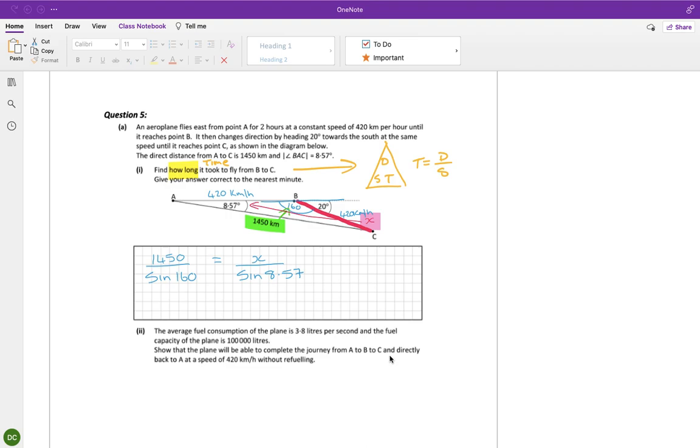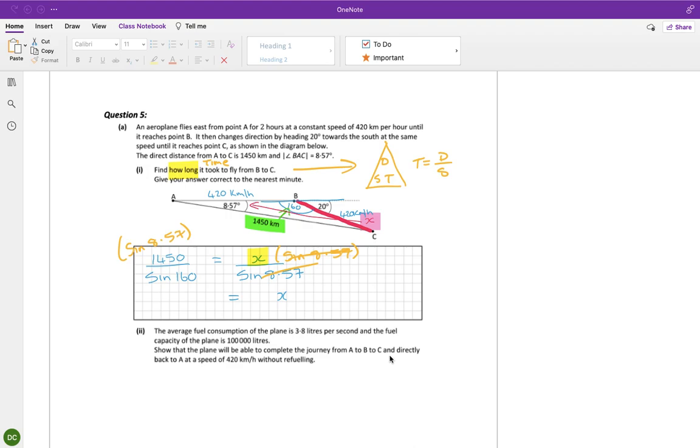So then I want to isolate this. I'm going to multiply by the sine of 8.57 to cancel and multiply by the sine of 8.57 to balance. So x equals the sine of 8.57 multiplied by 1450 divided by the sine of 160.